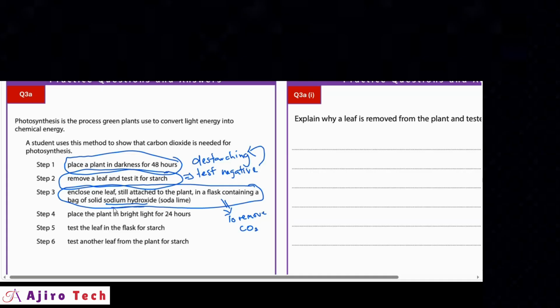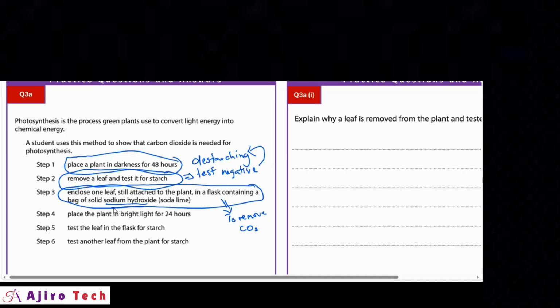Step 6, test another leaf on the same plant. You know, it is only one leaf that we put inside the flask and then we introduce sodium hydroxide. The other leaves are still there. So the second leaf will now be like a control experiment. Do you understand now?